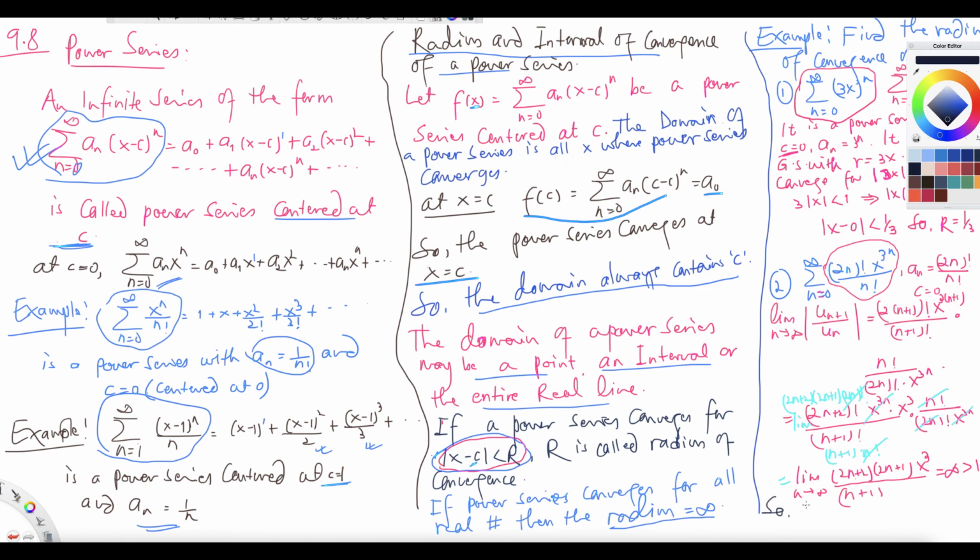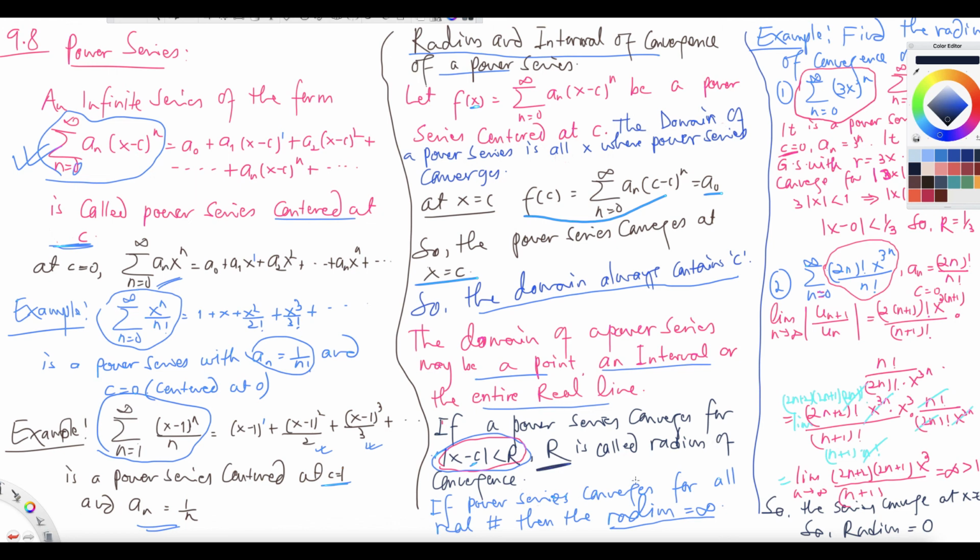The series converges at x equals 0 only, so the radius of convergence is 0 here. As I mentioned, if the power series converges in an interval, then r is the radius of convergence.